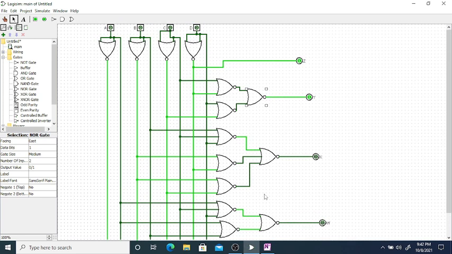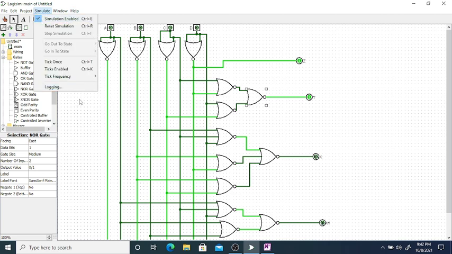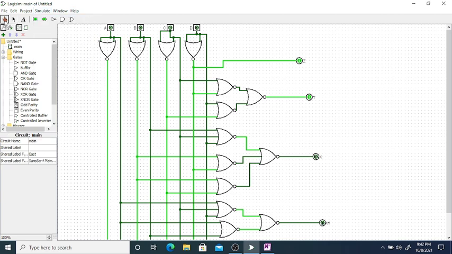Now here we can see that simulation is enabled, so it is showing directly the output. So for 0 0 0 0 we have 1 1. Now this bit Z is our LSB, so we can name it as LSB.